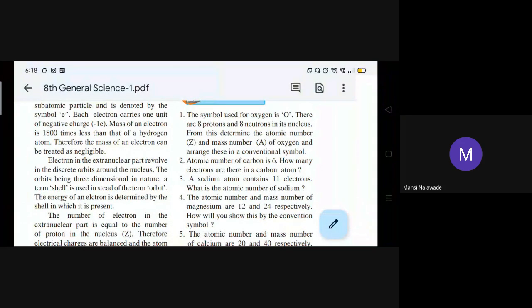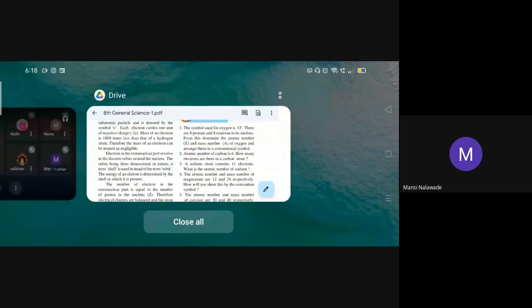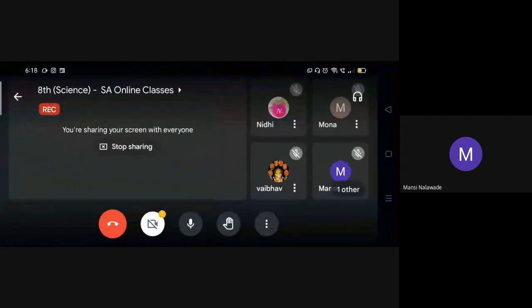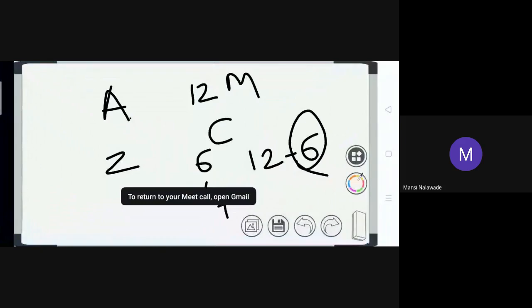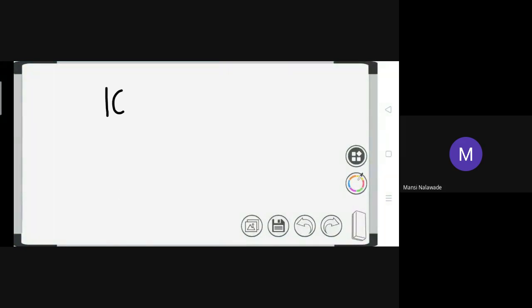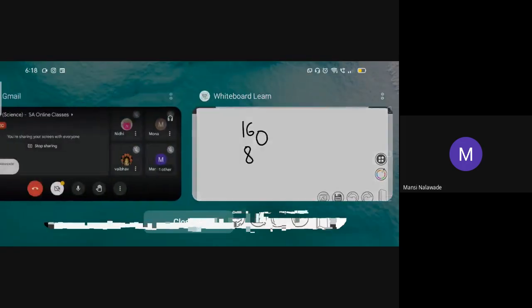I have also asked you about the atomic number Z. Atomic number is equal to the protons present inside the atom. And how many protons are there? 8 protons. So Z will be 8. So you will denote oxygen like 16O8. Okay, this is how you will denote oxygen.